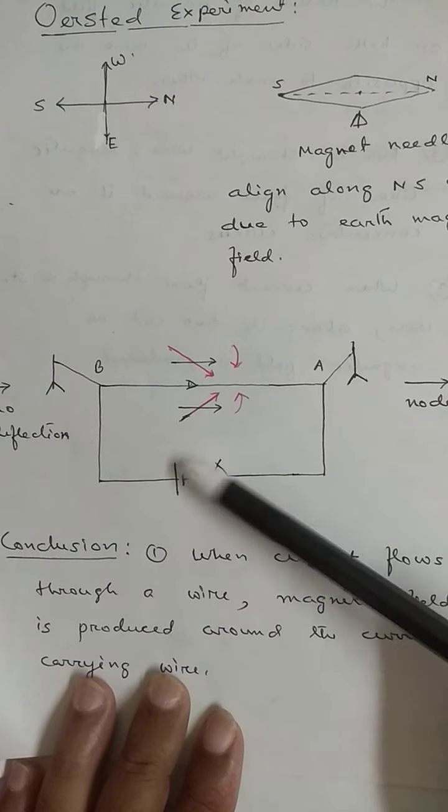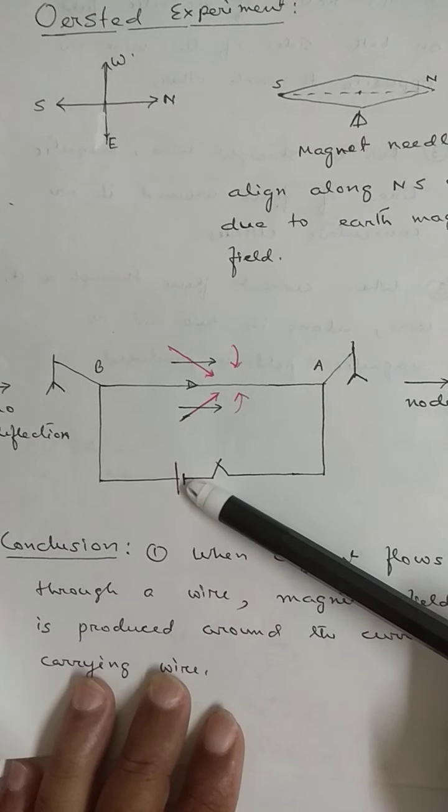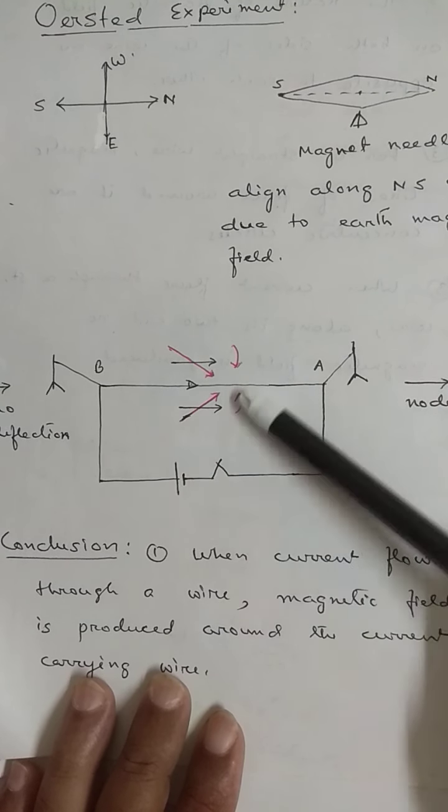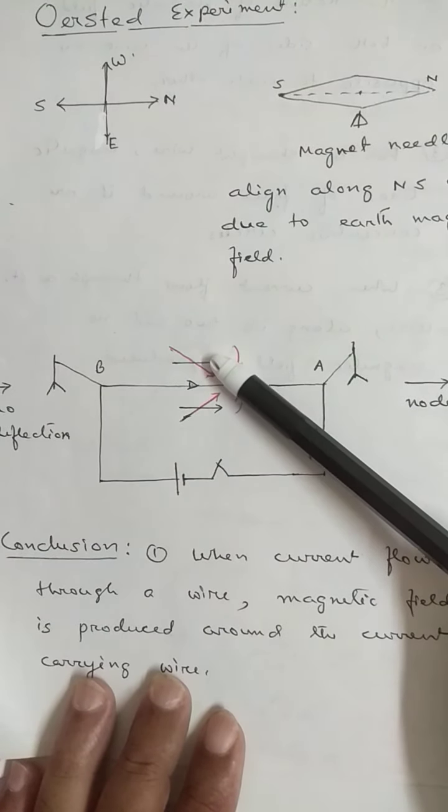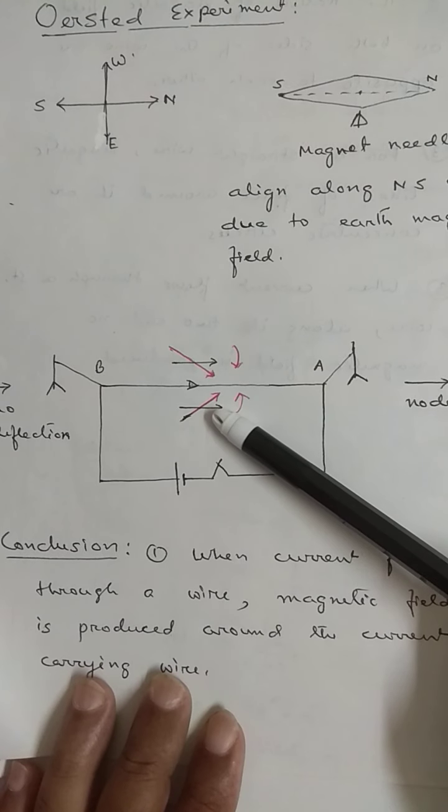When we change the polarity of the battery, then the direction of current changes and the needles placed above and below the current carrying wire get deflected again, but now in the opposite direction.